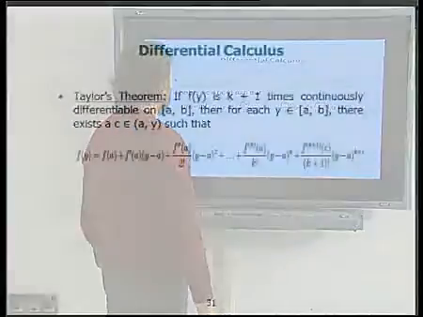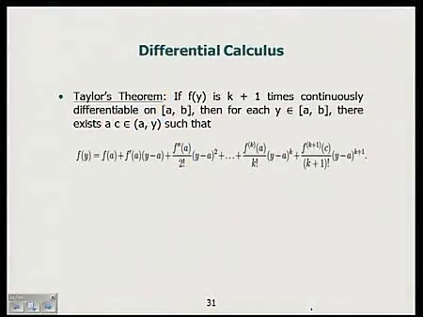Then we can also use Taylor's theorem. If f of y is k plus 1 times continuously differentiable, the meaning is that I can build the first derivative, the second, the third, till the kth derivative of the function, and the k plus 1 derivative exists.